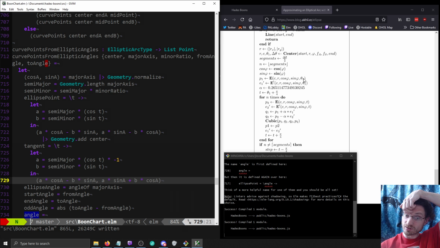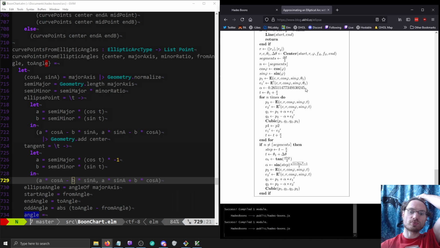Oh, at start angle plus this. Wait, P2. Oh, he's using P1 and P2 as the endpoints and Q1 and Q2 as those points. So he's calculating the point and the tangent at the t. Oh, and this is the pre-computed.